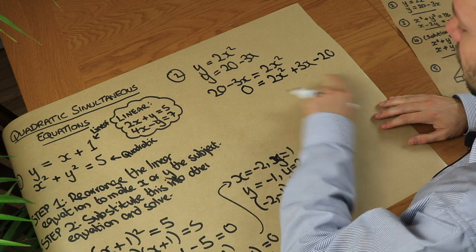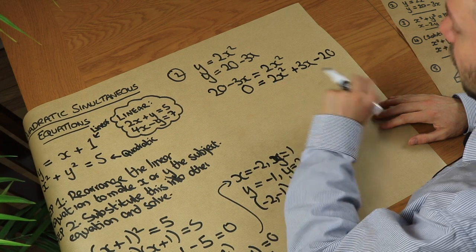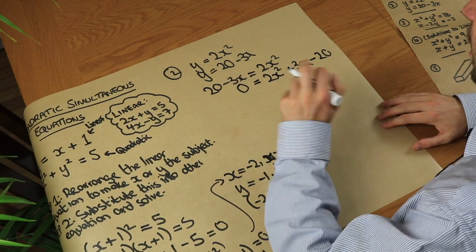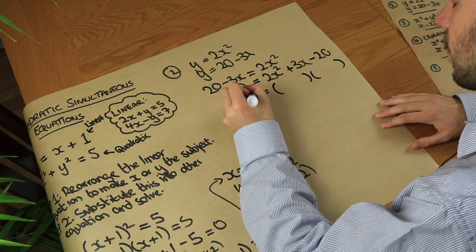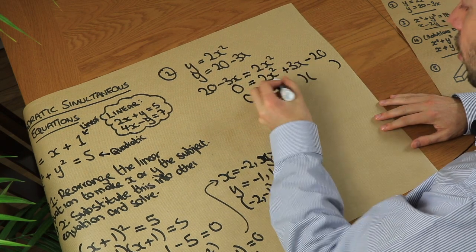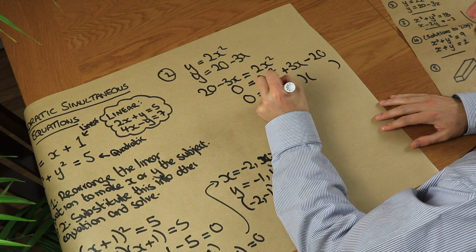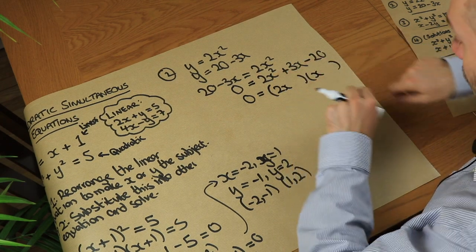Now I highly advise you watch my video about factorizing expressions where the coefficient of x squared is not 1. But I'm going to quickly do it now by just guessing the two brackets. But there is a method called splitting the middle term, which I won't do here. So to get the 2x squared, it's probably going to be the 2x times the x. We're thinking about what expands to give this.